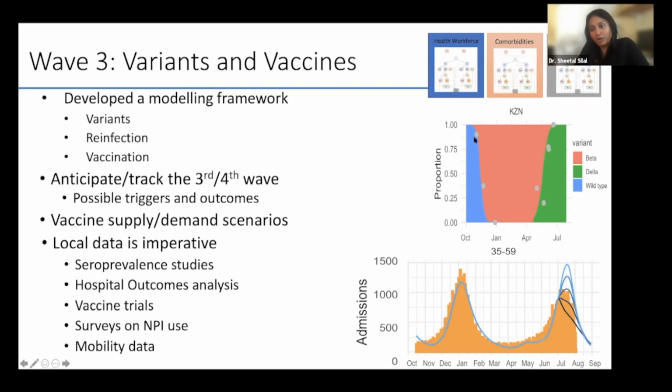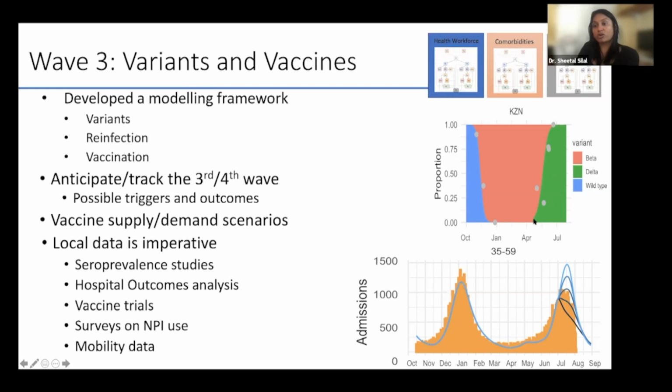What you can see here where my cursor is a plot of the variant takeover, or the proportion of infections from the different variants. The models got quite complex, where we suddenly had to model infection transmitting within and between variants. Here in blue, you can see in October of 2020, 100% of our infections were the wild type. Slowly in pink, that got taken over by the beta variant. In gray here, you see the data points from the genomic surveillance teams.